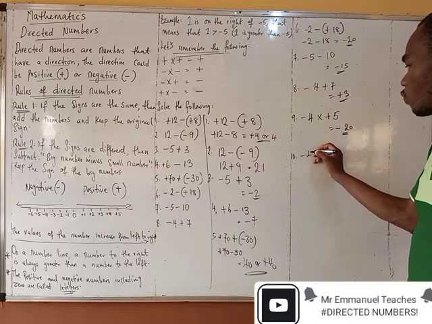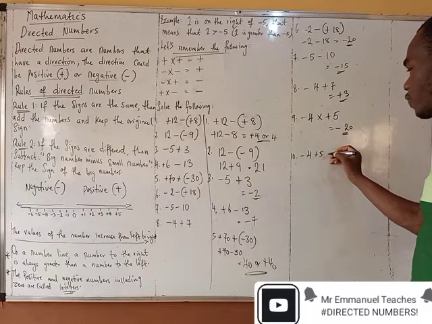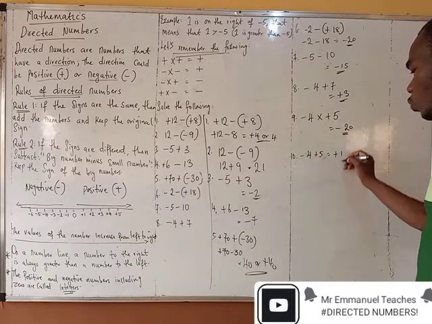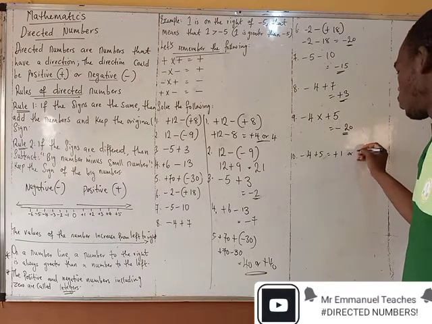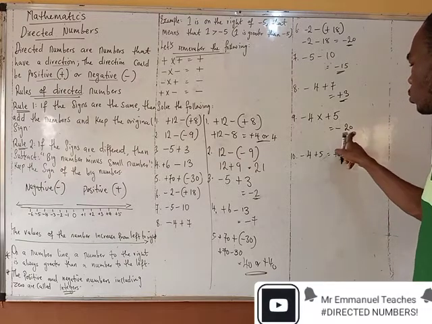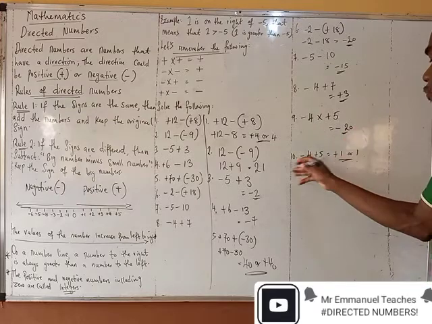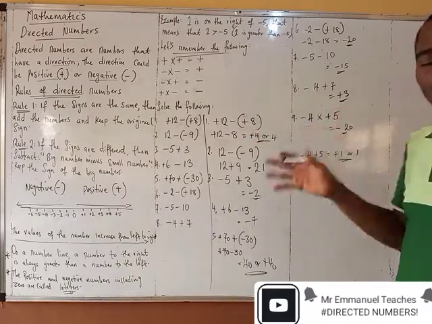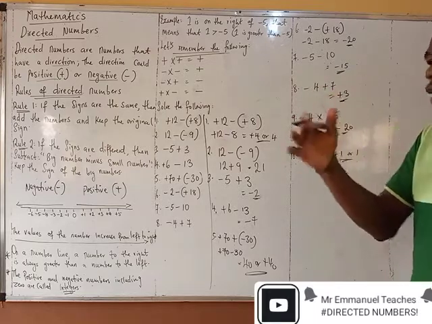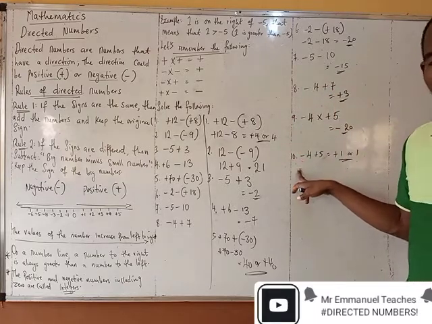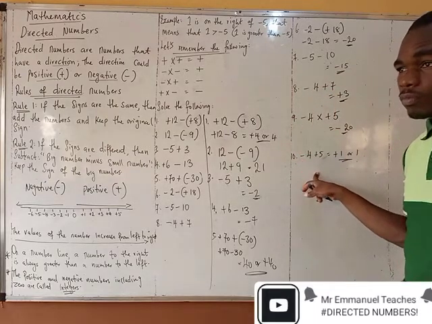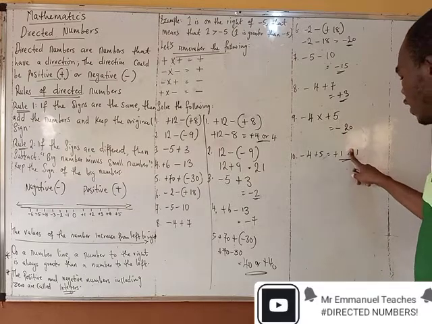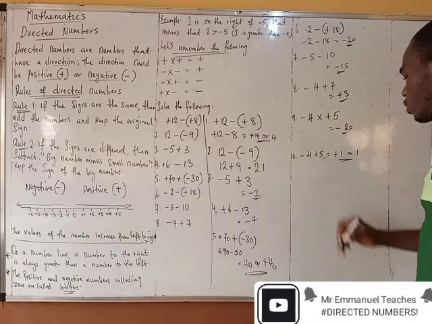When you have minus 4 plus 5, the answer is what? Plus 1, or 1. Do you understand? In this case, I'm not multiplying. I'm just doing normal addition and subtraction with serious attention to the fact that there's a minus and there's a plus. Alright? So that is how you do this particular one.